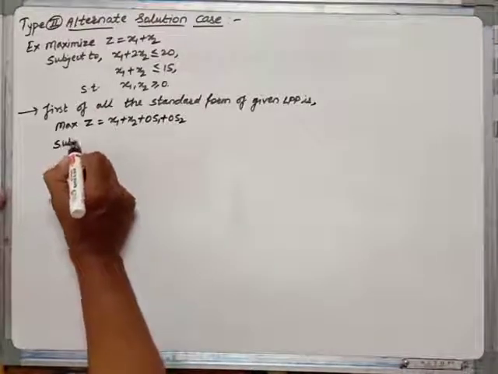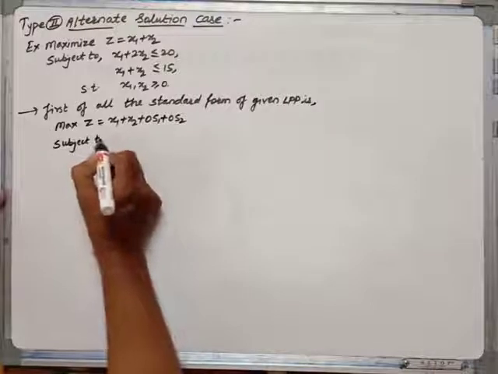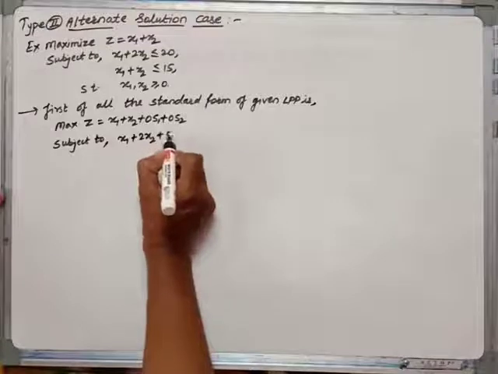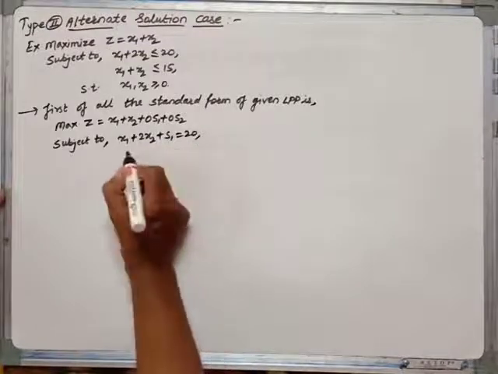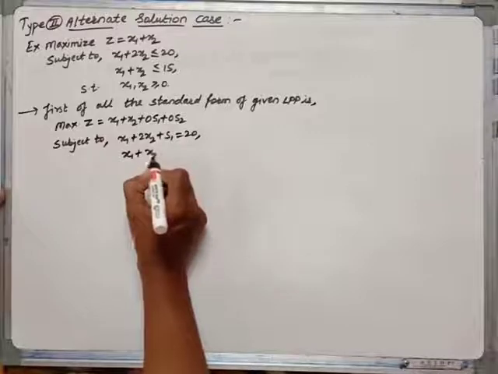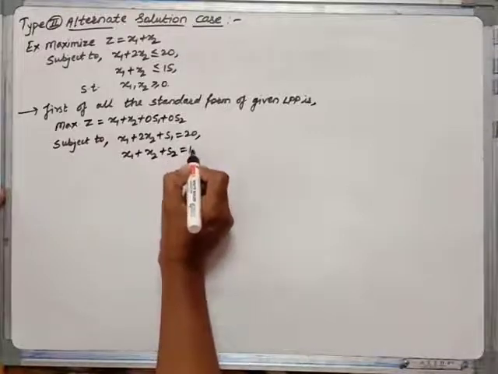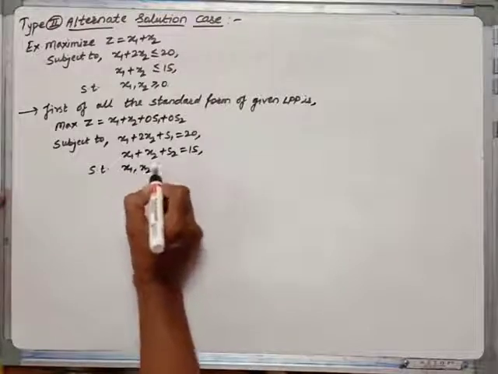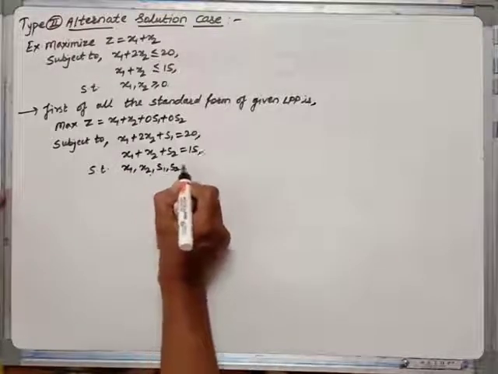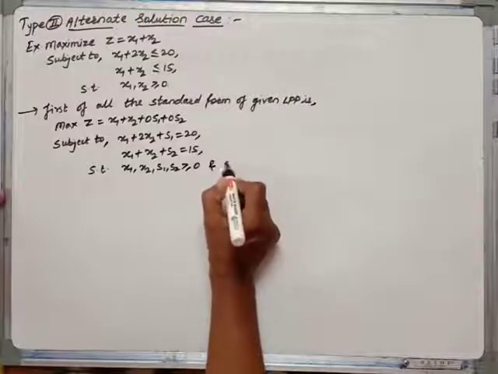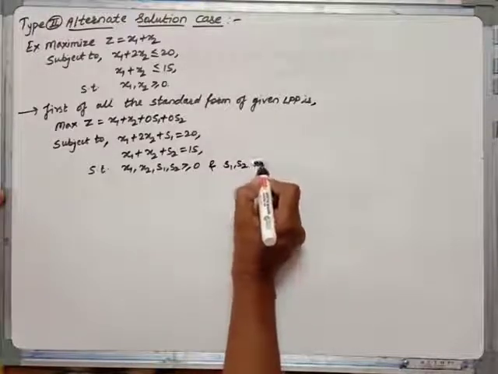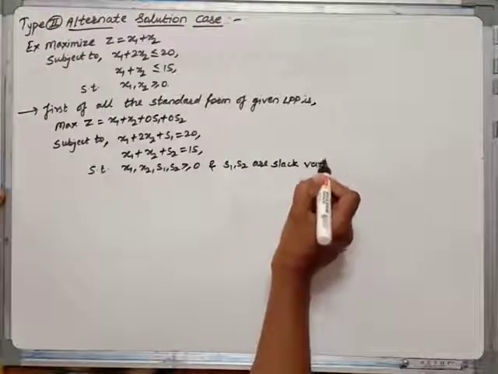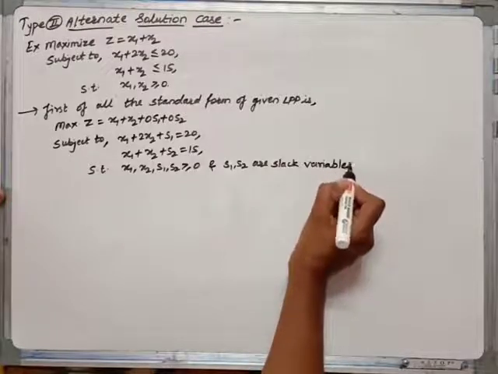Subject to x1 plus 2x2 plus s1 equal to 20, then x1 plus x2 plus s2 equal to 15, such that x1, x2, s1, s2 greater equal 0, and s1, s2 are slack variables.